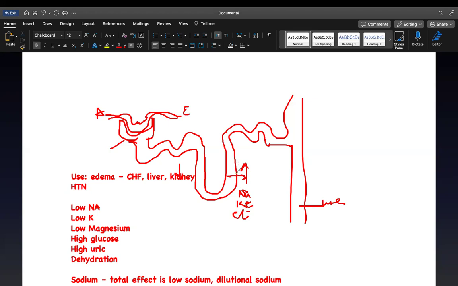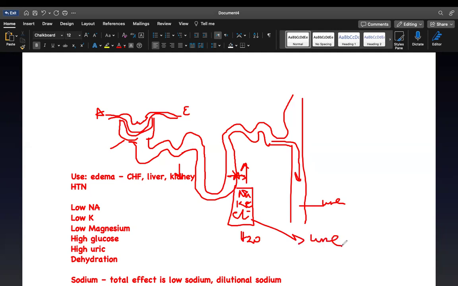What furosemide does is block this channel, so you cannot absorb these in addition to water, because you're not absorbing sodium. In the process, a large amount of sodium, chloride, potassium, and water goes through the distal convoluted tubule and finally into the collecting duct. So most of this will go into the urine without being reabsorbed.